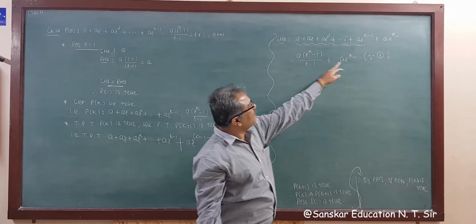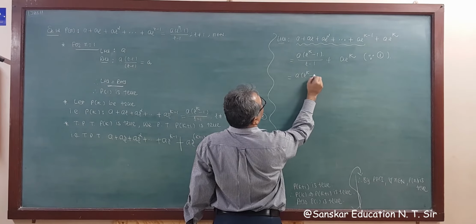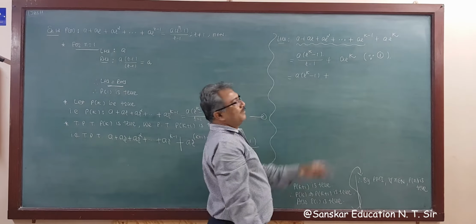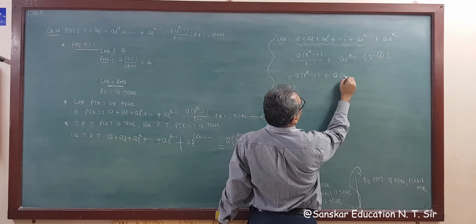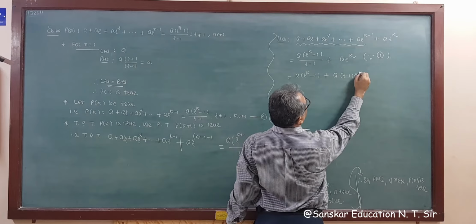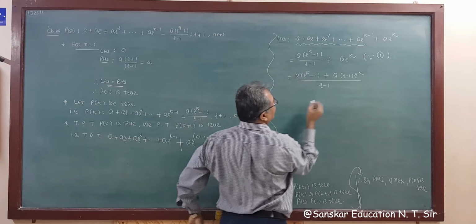Now taking LCM, that is a(r^k - 1) plus, multiply with r - 1, so ar^k(r - 1), whole upon r - 1.